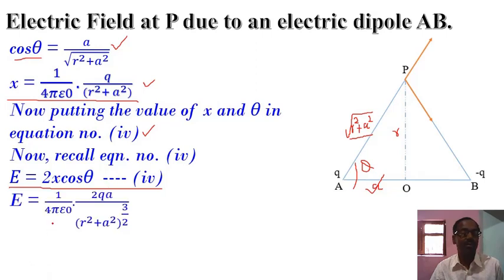Then we get 1 by 4 pi epsilon naught, 2 Q a by r square plus a square to the power 3 by 2. So this is the exact expression of the electric field at P due to the dipole AB.